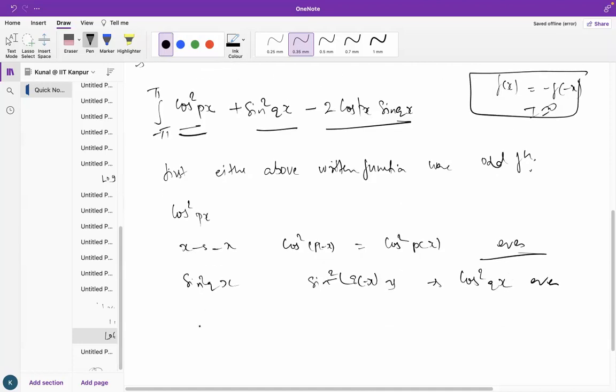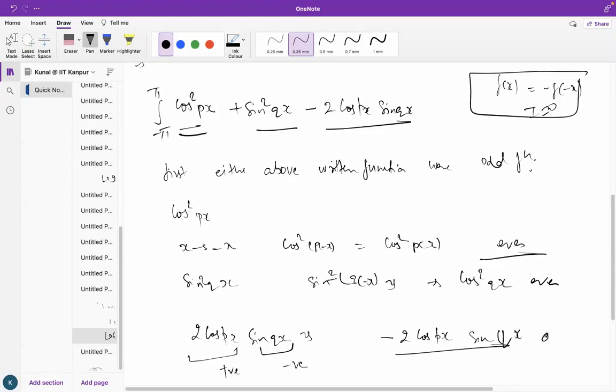Now take the third term, which is 2 cos px sine qx. If you replace x by minus x, the cos px term will be positive, but the sine qx term will be negative. So this equals minus 2 cos px sine of qx. So this is an odd function.